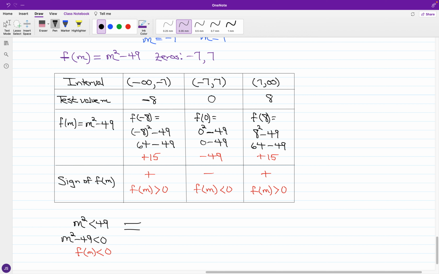So for number 29, for the solution, we'll be looking at what leads up to f of m is less than 0. If you notice for the sign of f of m, we have f of m is less than 0, and this will occur for those values of m between but not including negative 7 and 7. And so that will be the solution in this case.